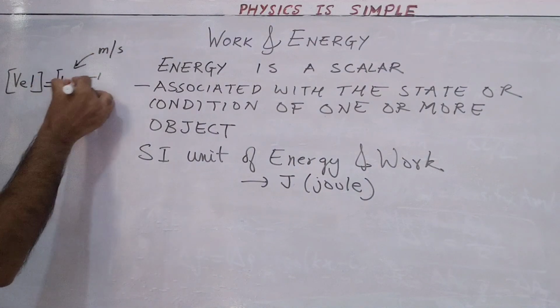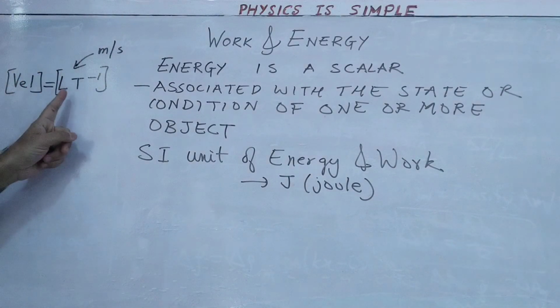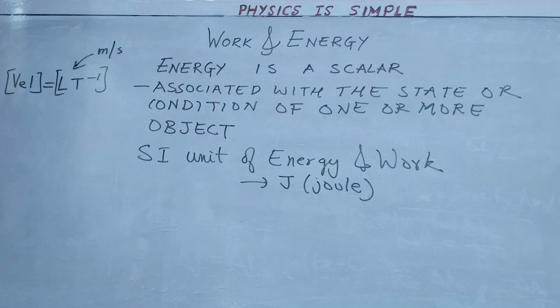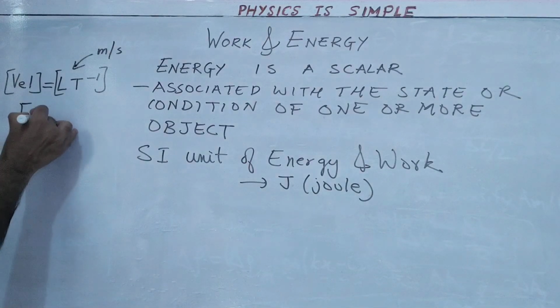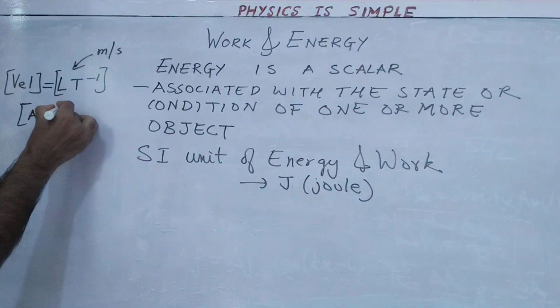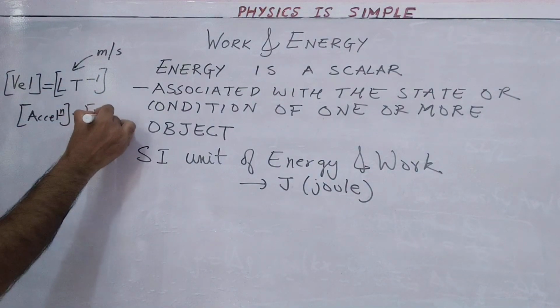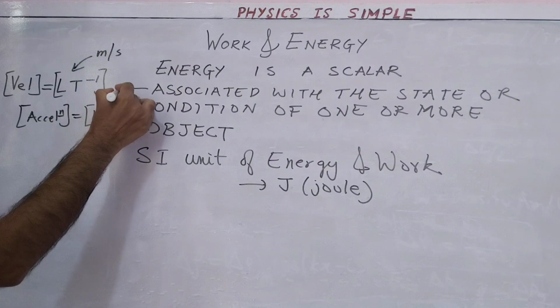So LT^-1 you can write easily, because L is measured in meters, time in seconds. And from velocity we can easily get acceleration. We divide that by time once again. So that is LT^-2. And the unit therefore is meter per second squared.